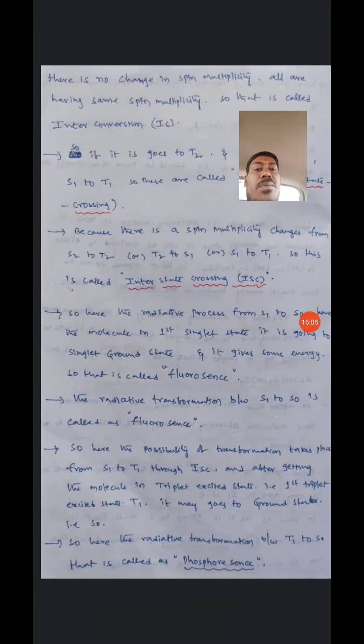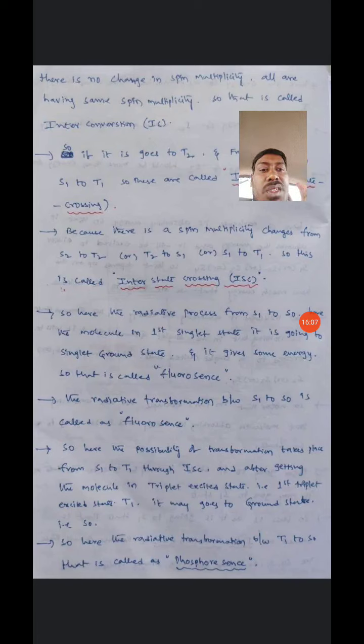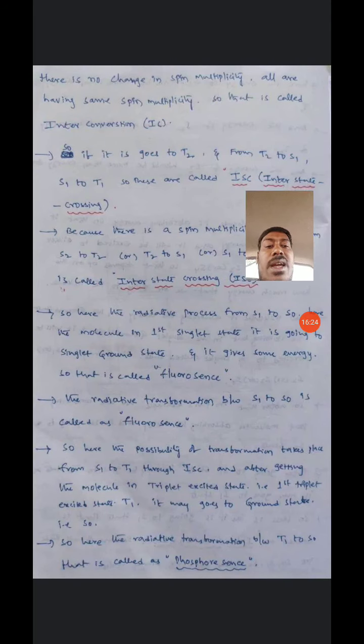Because S0, S1, S2, S3, S4 are all singlet states, there is no change in spin multiplicity. All have the same spin multiplicity, so that is called interconversion or internal conversion.